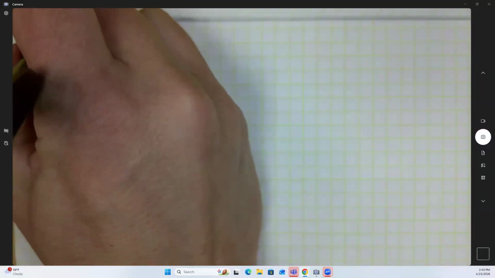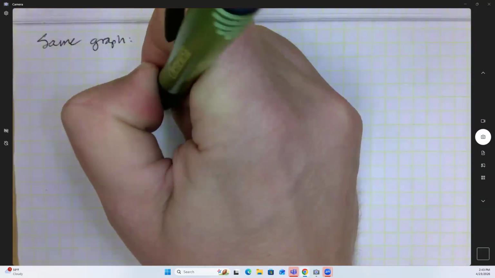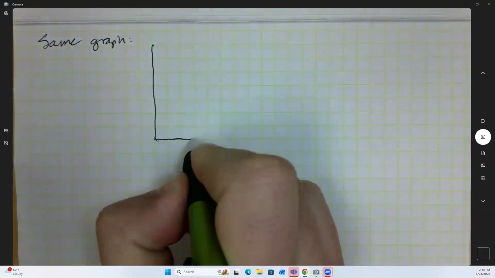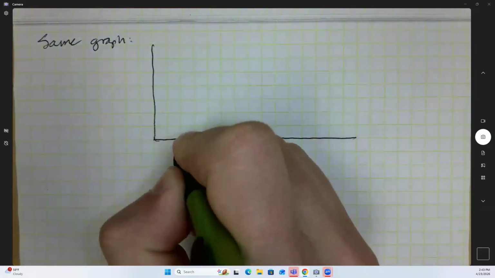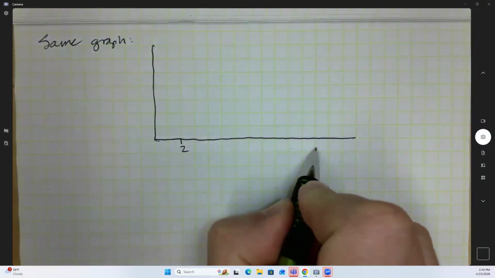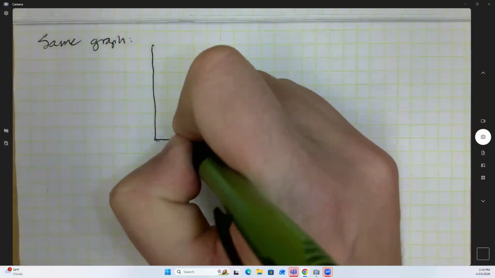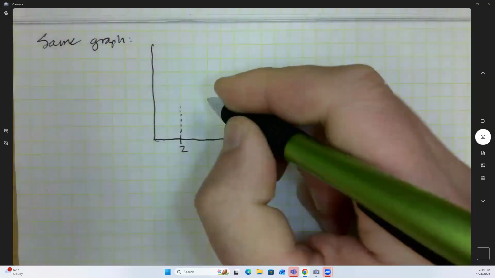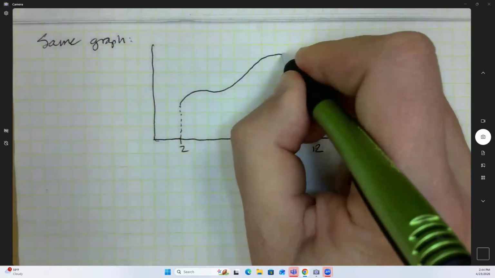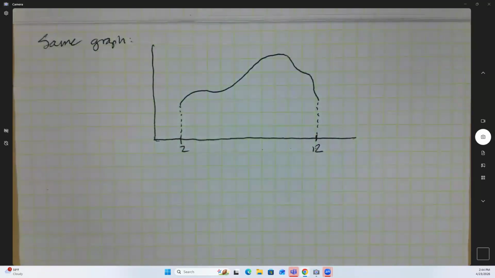Same graph. 2, 4, 6, 8, 10, 12. Something like that. Pretty close.